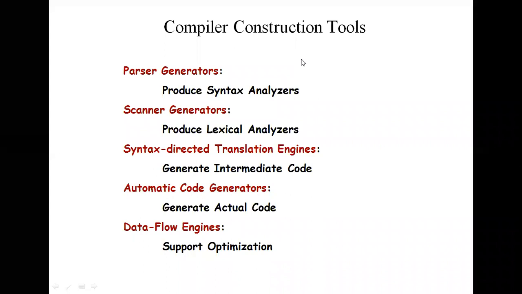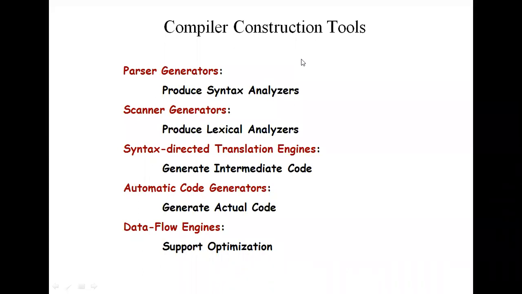By using the automatic code generators, we are converting the intermediate code language into its equivalent machine language. That means we are representing the corresponding sequence of machine instructions from the templates in the intermediate code representation.